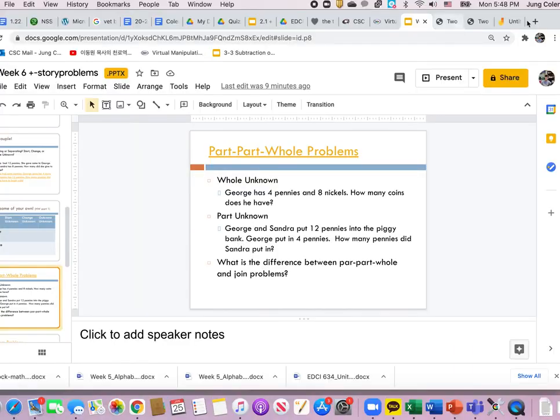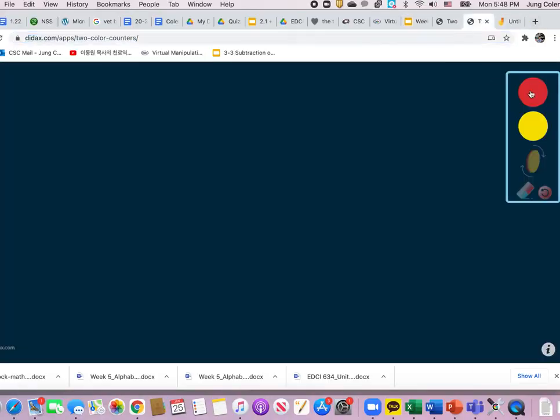If you are using counters like that, you can have 8 nickels, 1, 2, 3, 4, 5, 6, 7, 8. Oh, actually I had 4 pennies. So let's say the red ones are nickels, because in the question it says George has 4 pennies and 8 nickels.